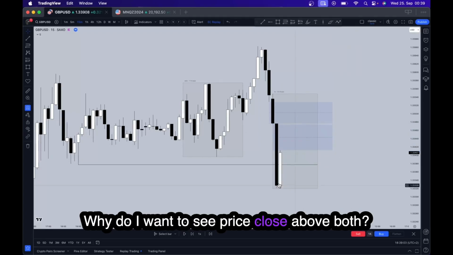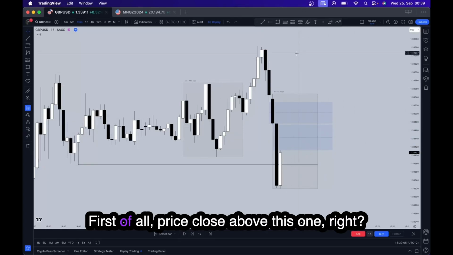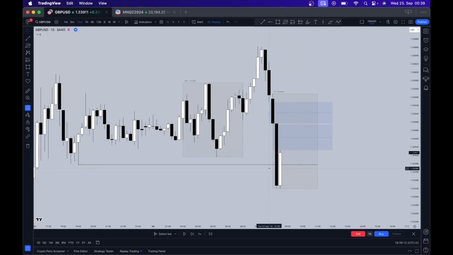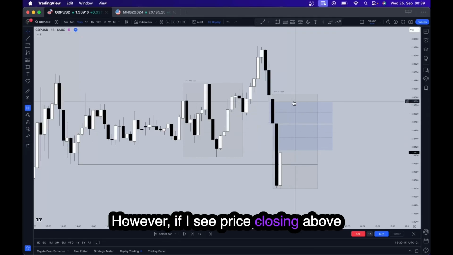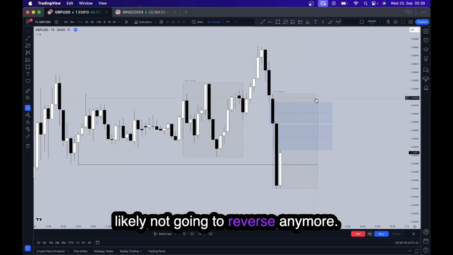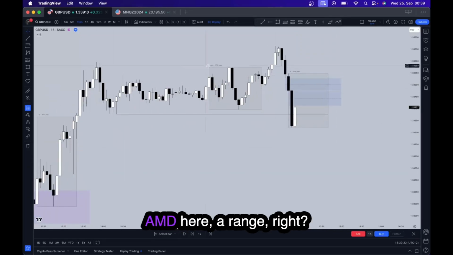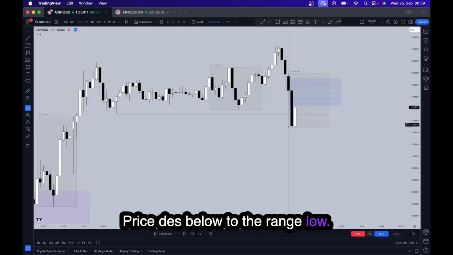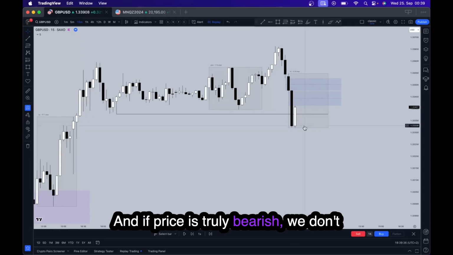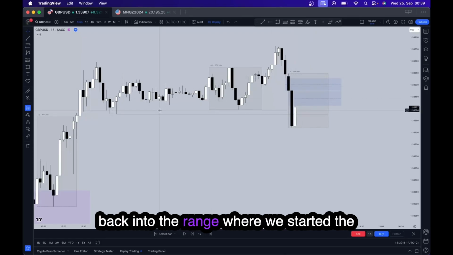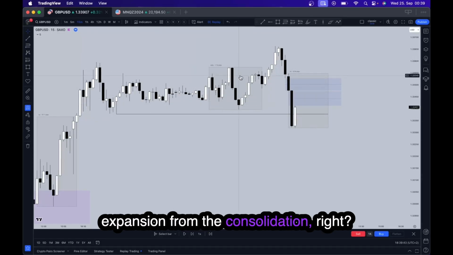Why do I want to see price close above both? First of all, price could close above the lower one, trade into this value gap and then go lower. However, if I see price closing above both, then it shows me that price is most likely not going to reverse anymore. Why? Because we have an AMD here, we have a range, right? Price trades to the range low, and if price is truly bearish, we don't want to see price retrace all the way back into the range where we started the expansion from the consolidation, right?